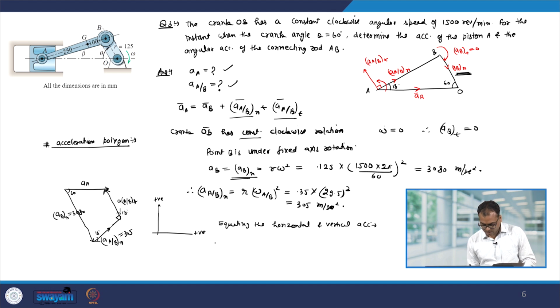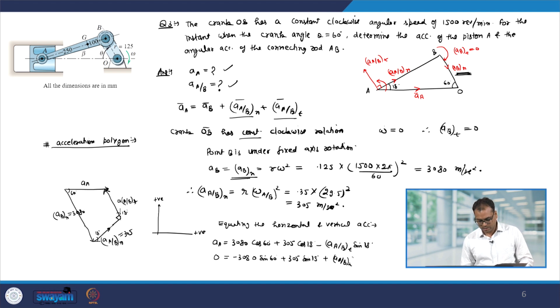So, A_A will be equal to 3080 cos 60 degree plus 305 cos 18 degree minus A_ABT sin 18 degree and the vertical component is 0 equal to minus 3080 sin 60 degree plus 305 sin 18 degree plus A_ABT cos 18 degree.